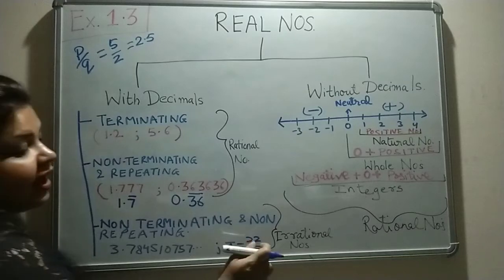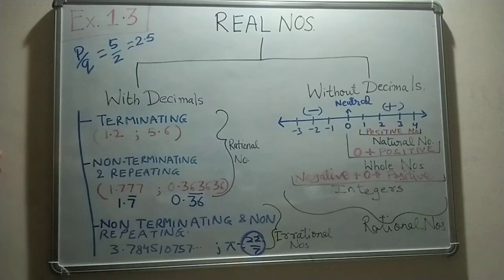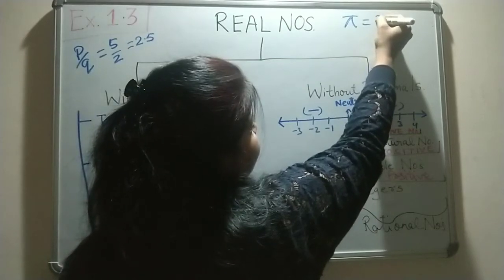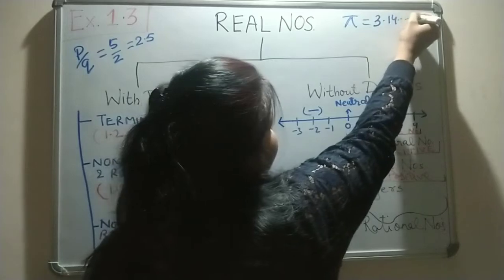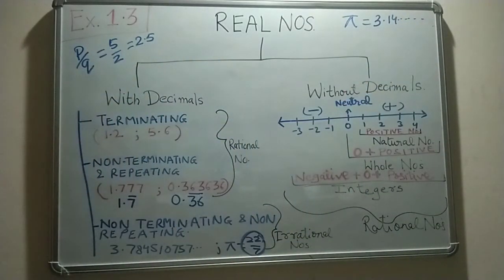No, it is the approximate value of pi. If you divide 22/7, you will get 3.14 and so on. It keeps on coming and it is not repeating. So non-terminating and non-repeating numbers are the irrational numbers. All these numbers come under the category of real numbers.